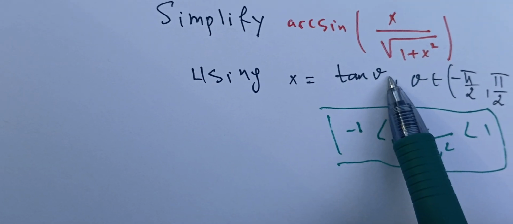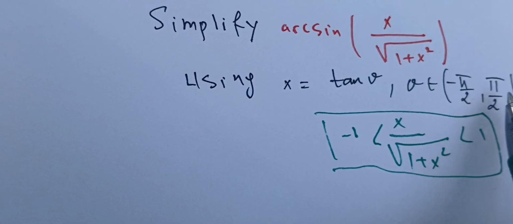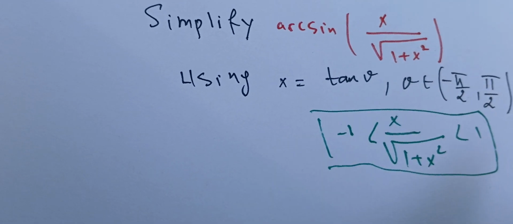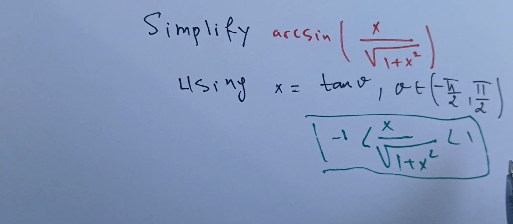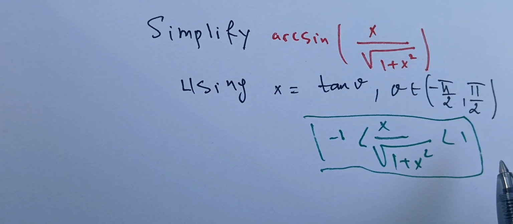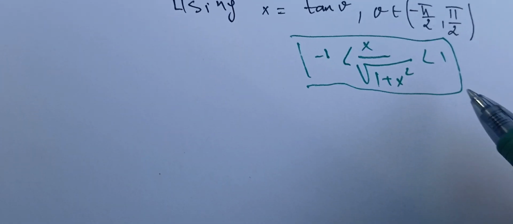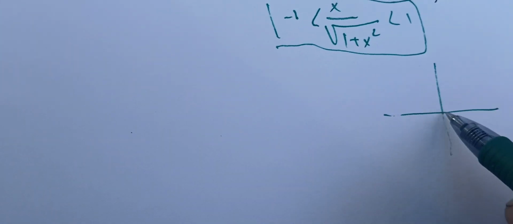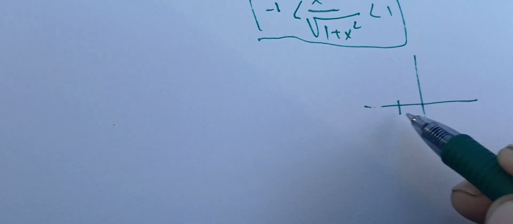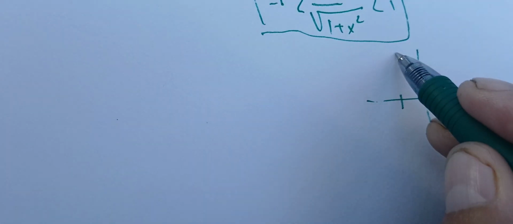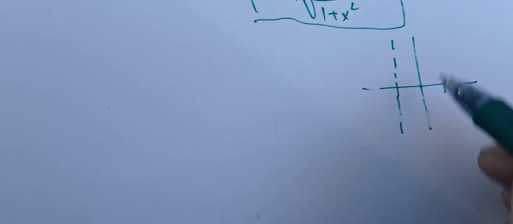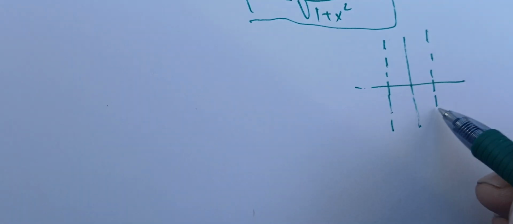x is tangent of theta, with theta between -pi/2 and pi/2. We need to note one thing here: theta is between -pi/2 and pi/2. This is just a reminder.